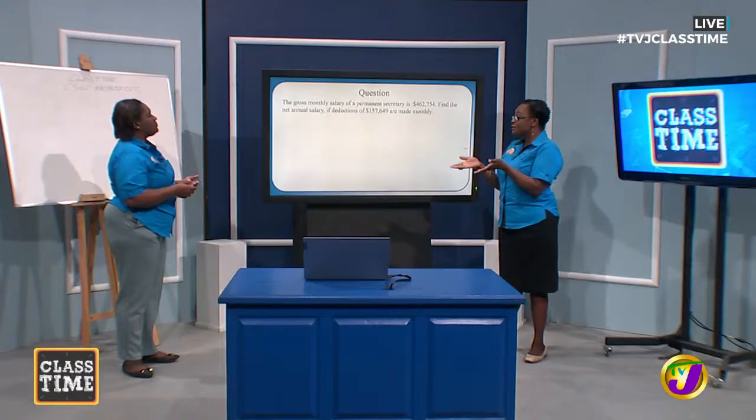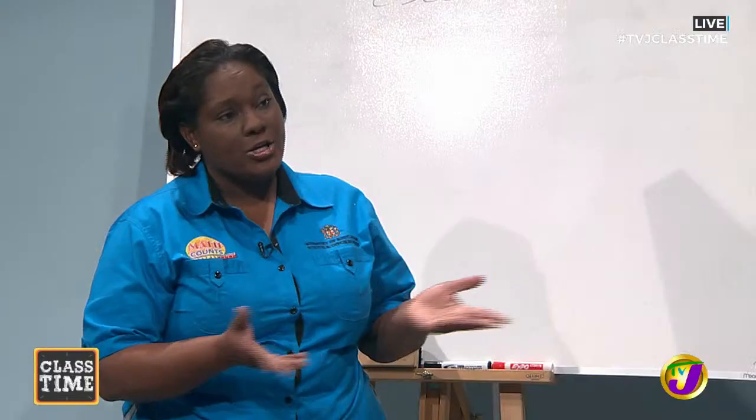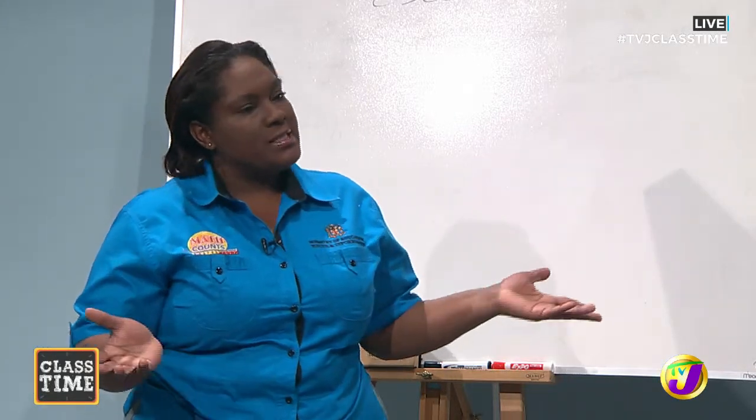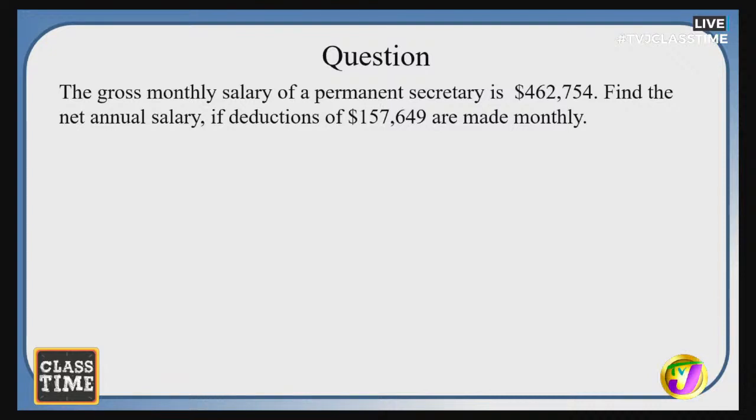Yes, and to find the gross annual, we do just a multiplication by 12, right? Yes. And then you could multiply the deductions by 12 to find out the annual deduction as well, and then do the subtraction there. Or you could take another approach. Yes. Do your deductions first from the monthly, and then you multiply to get the annual.